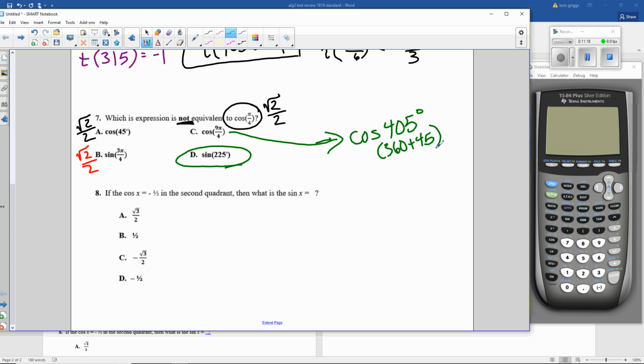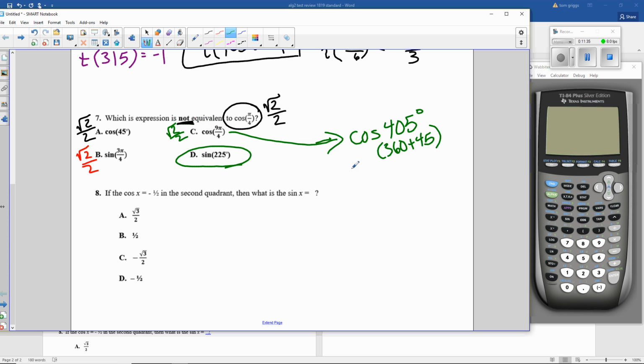So the cosine of 9 pi over 4 is the same thing as the cosine of pi over 4. So it's also going to be radical 2 over 2. But you had to convert that one to degrees probably to see that.